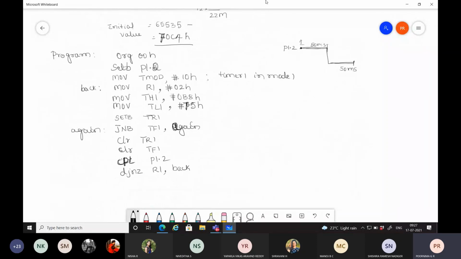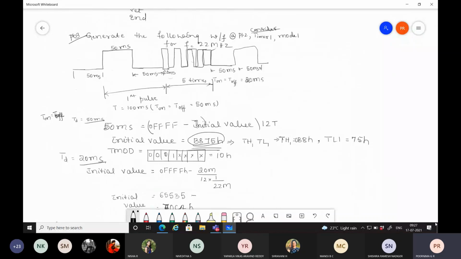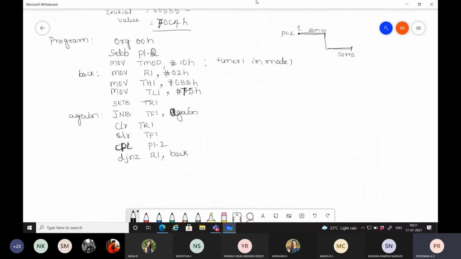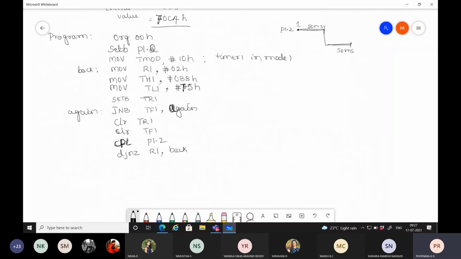Otherwise, you can continue. But better when you are learning the program for the timers initially, you can set the value to initial value. So set B P1.2.